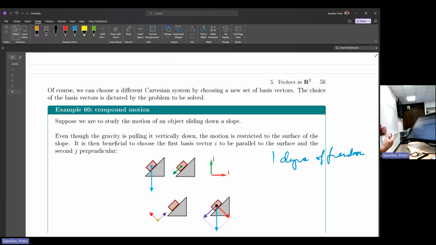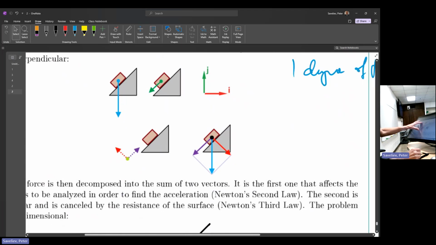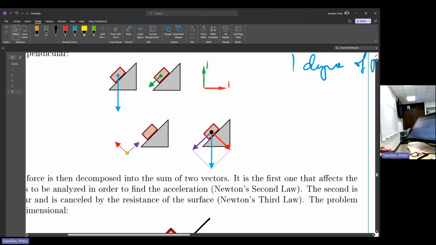The part of the gravity that is being canceled by the resistance of the slope is perpendicular to the slope, and the purple part is the part of the gravity that actually does affect the object, what drags the object down the slope.